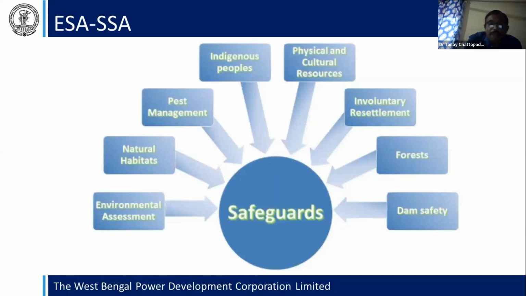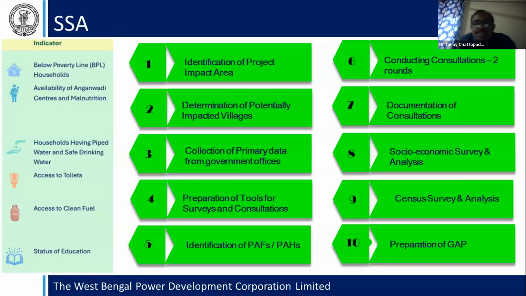Okay, now what is the social safeguard planning? What is the identification of the project impact area? You have to think about that, then visit the villages and talk to them, collect information from the government office, and also talk with the local people.